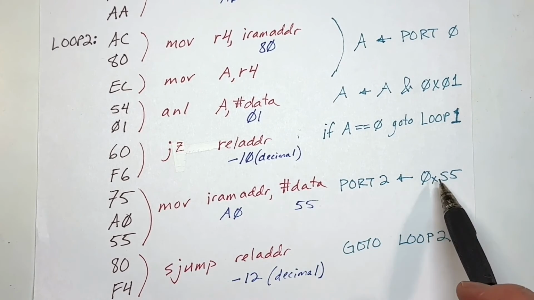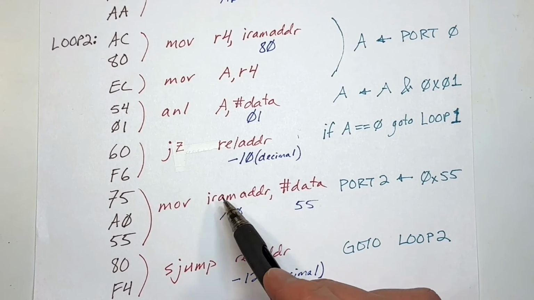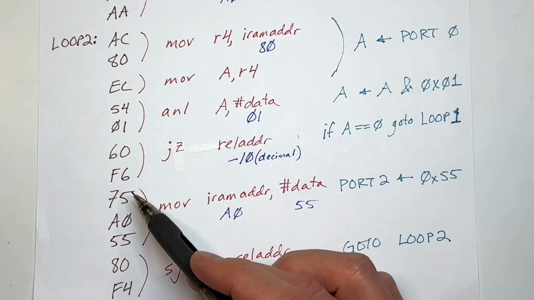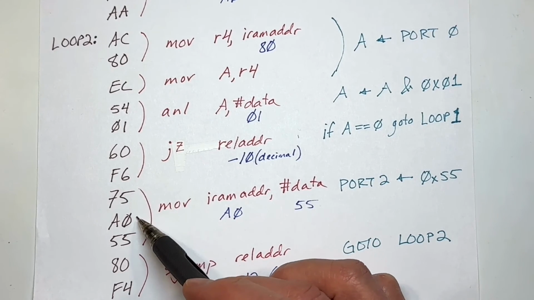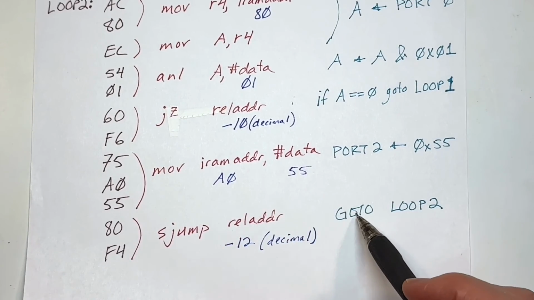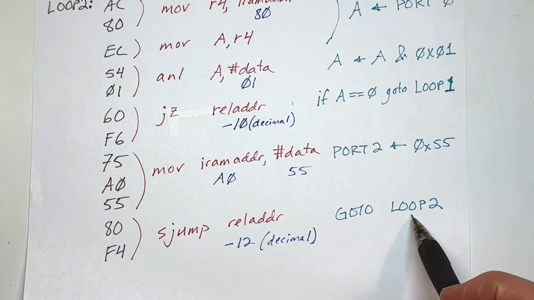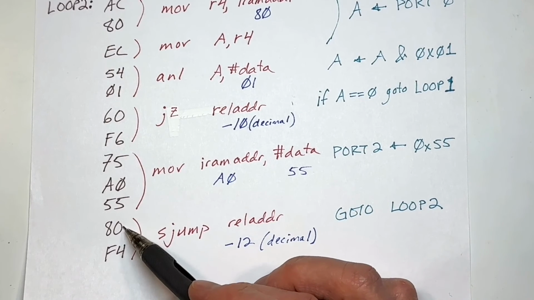And then we move hex 55 to port 2, and so that is a move instruction. We've seen that before. Opcode is 75, the address is A0, and the data is 55. And then finally we jump to loop 2, and that's a short jump with a relative address, so opcode 80.